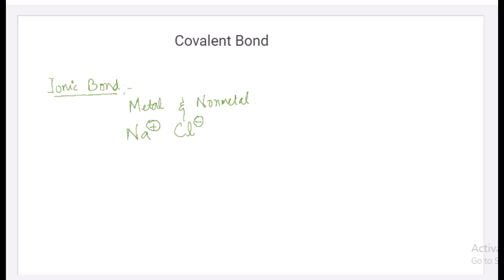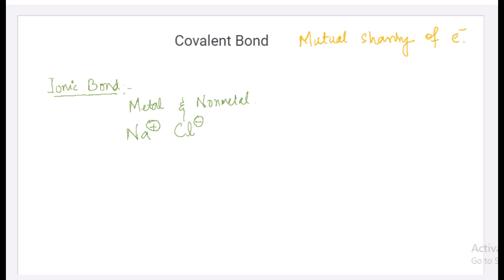What is the covalent bond? Do you know anything about covalent bond? Yes, it is the mutual sharing of electrons. Mutual sharing of electrons.